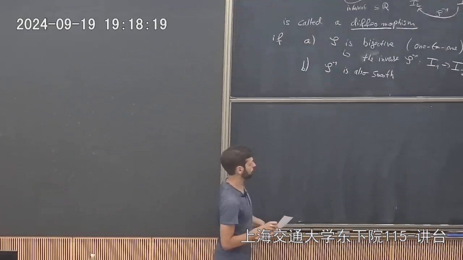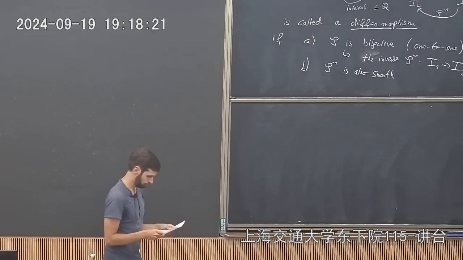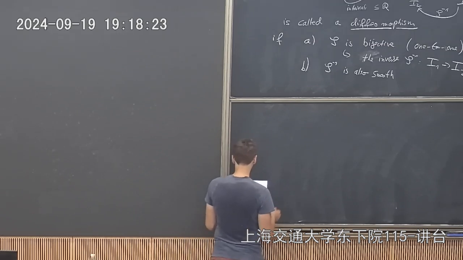And if you combine one curve with such a diffeomorphism, you get what is called a reparameterization.